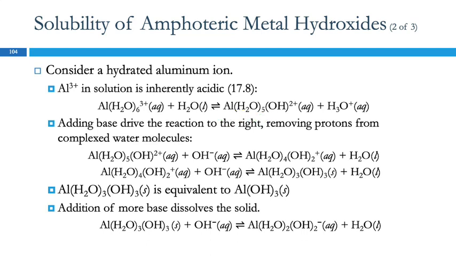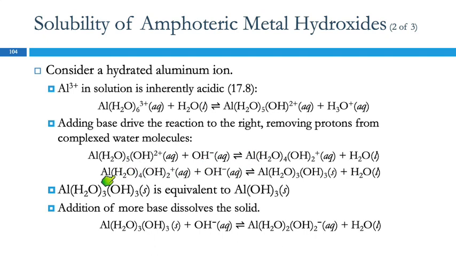If we add base to this solution, we're going to be removing this hydronium that got formed. That's going to shift this equilibrium to the right, going to remove more protons from the complex water molecules, right? And so then this guy can react with hydroxide and form this guy.